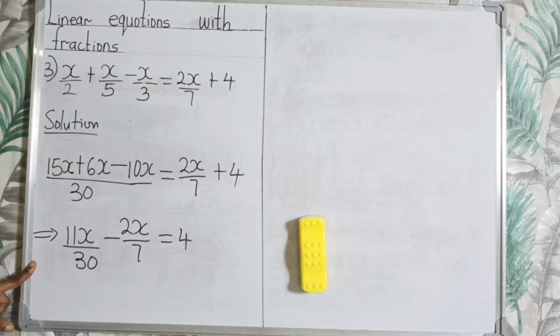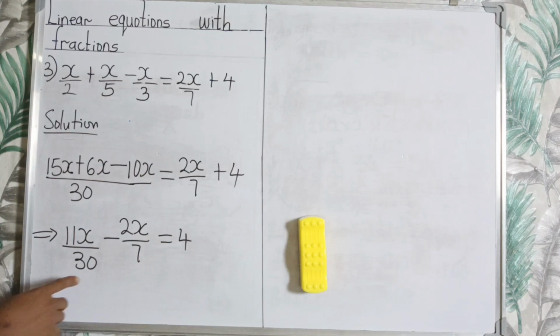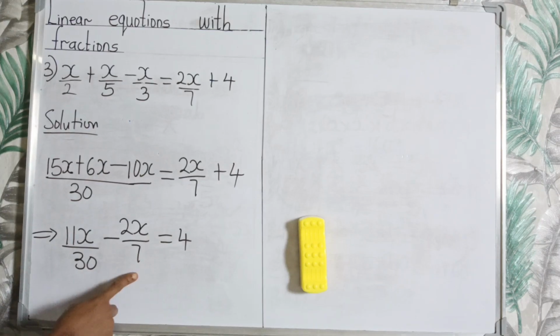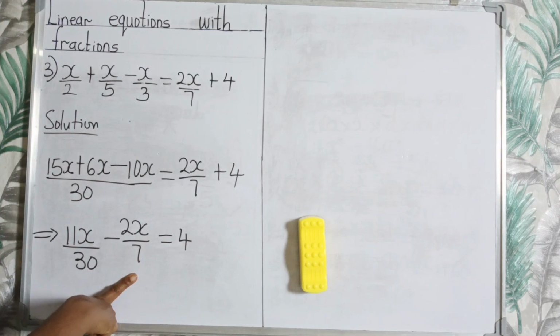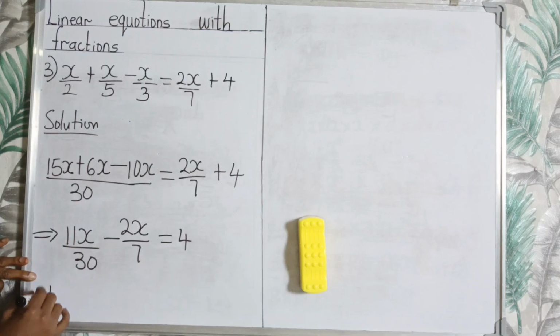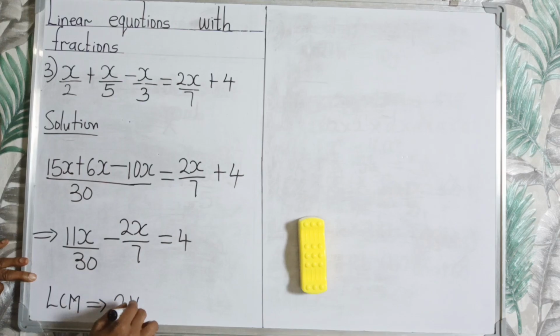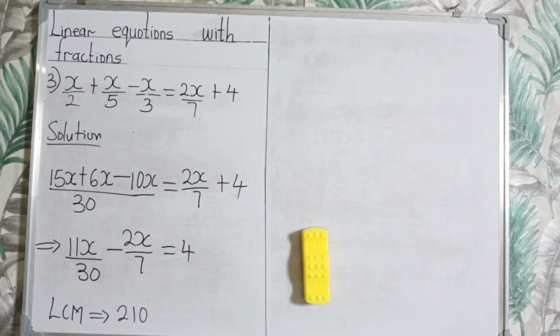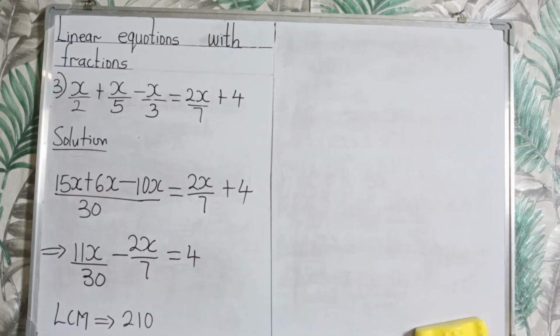Okay, so we have to look for a common denominator here again. And the common denominator here is 30 times 7, which is 210. 210 is the common denominator here. So let me say here LCM equals 210. Okay, now it's going to be a lot easier because I'm going to use this common denominator, or the LCM, to multiply through the equation.